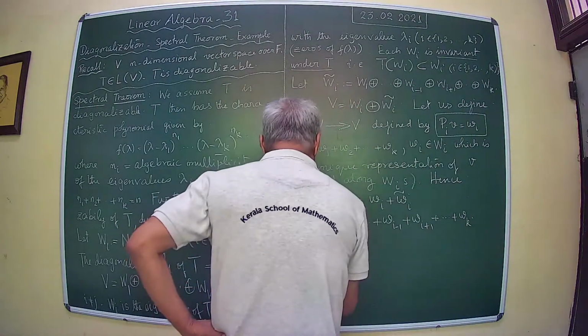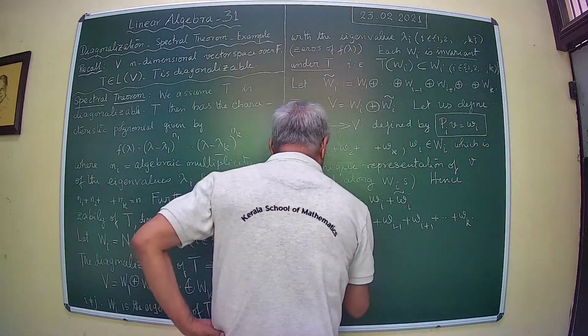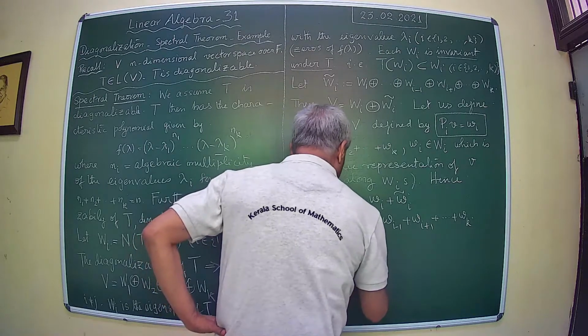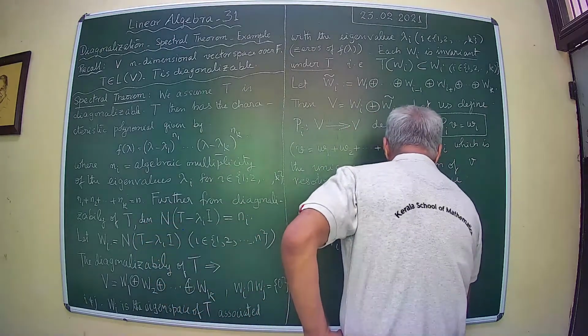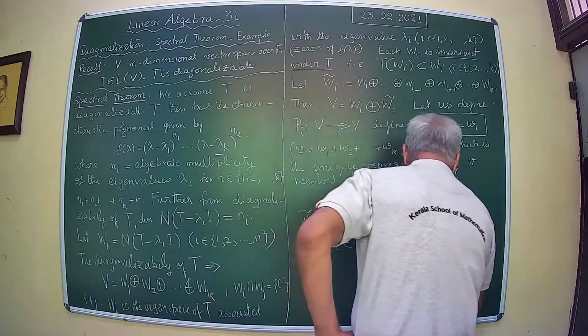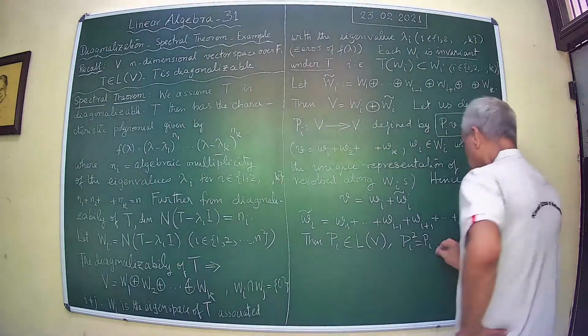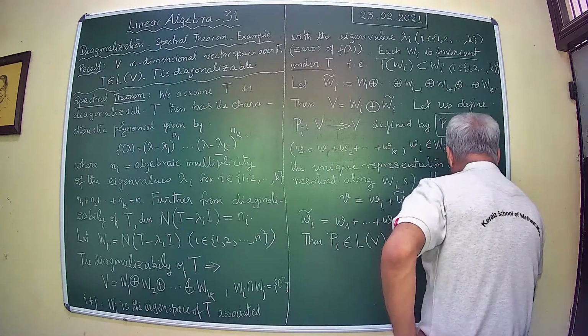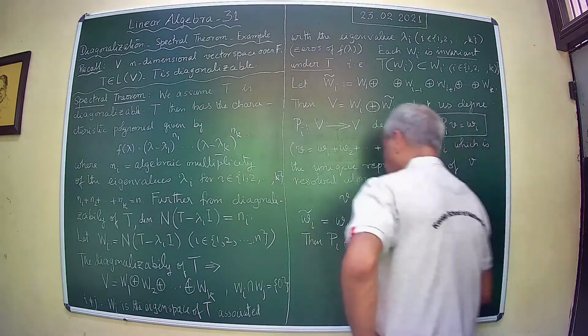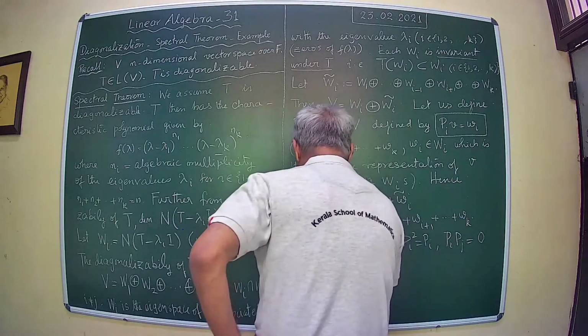Then Pi squared equal to Pi, and Pi Pj equal to 0 whenever i is different from j.